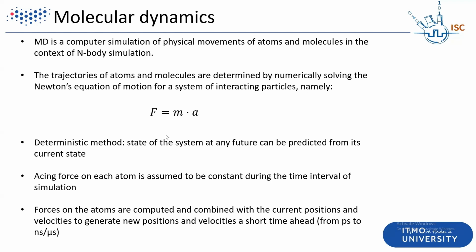Every time you run the simulation, you will have a slightly changed value of your parameters, and this would explain why we have stochasticity in our system. The next is forces.